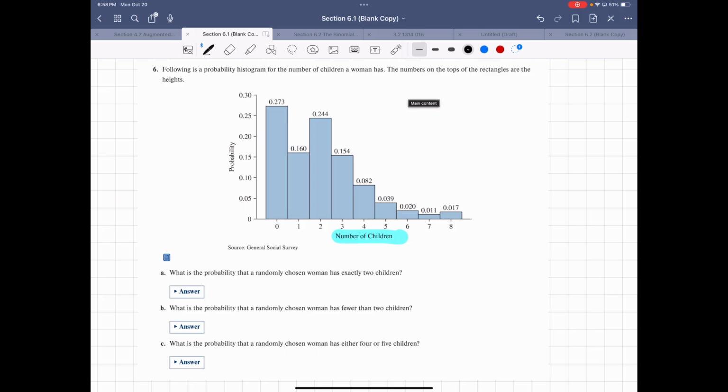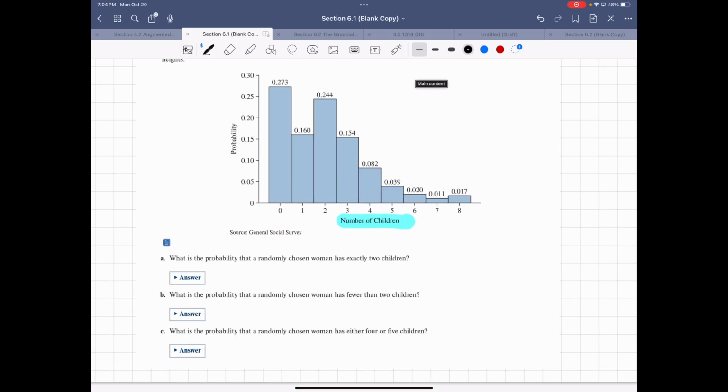But 1 child, 0.16. 2 children, 0.24. 3 children, 0.15. 4 children, 0.08. 5 is 0.039. 6 is 0.02. 7 is 0.01. You only got about a 1% chance that they have 7 children, and actually the probability of having 8 children is higher than the probability of 7 children.